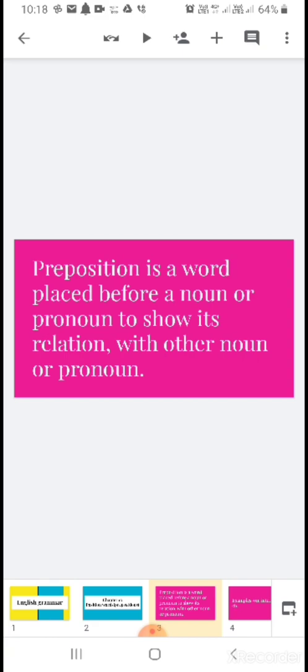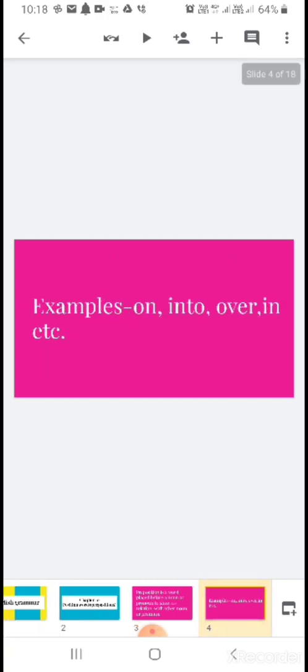It is a position word which tells us the position of anything. If I say Ram is writing on the table, here on is the preposition, showing that he is writing on the table.